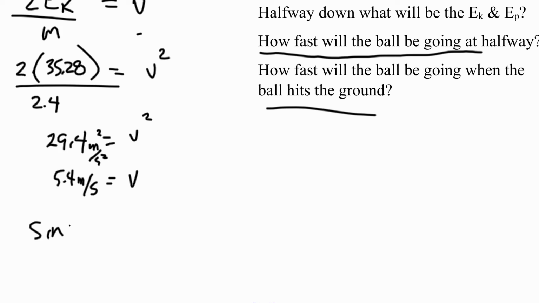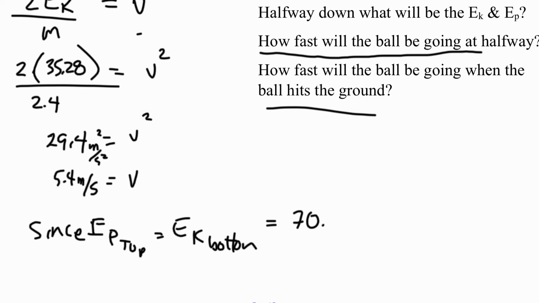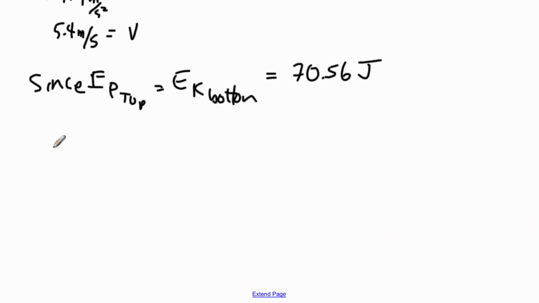Since potential energy at the top is equal to the kinetic energy at the bottom as it hits the ground, and it was 70.56 joules, to figure out the velocity, I can use the same formula, because the mass of the ball didn't change. So kinetic energy is equal to a half mv squared.